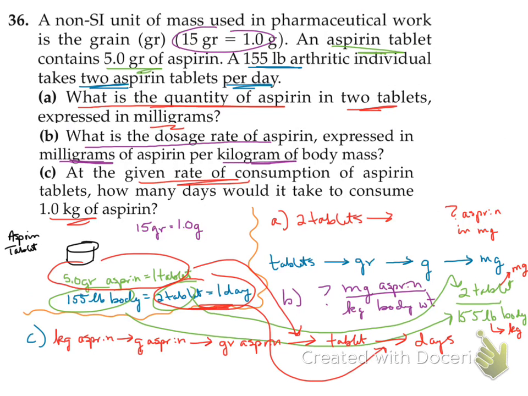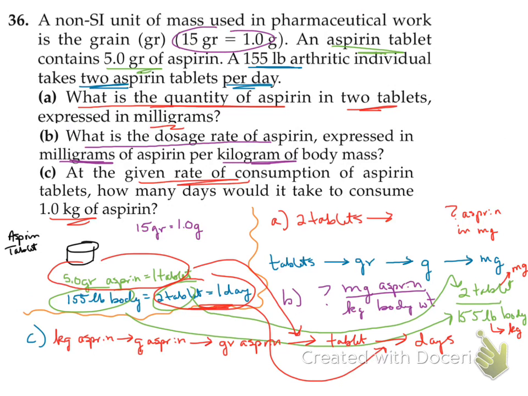B says what is the dosage rate in milligrams of aspirin per kilogram of body mass? This is where I went ahead and you kind of see in green, I looked back to what I had doodled earlier, and the 155-pound person is taking 2 tablets. Okay, so I use that to my benefit to kind of get started.